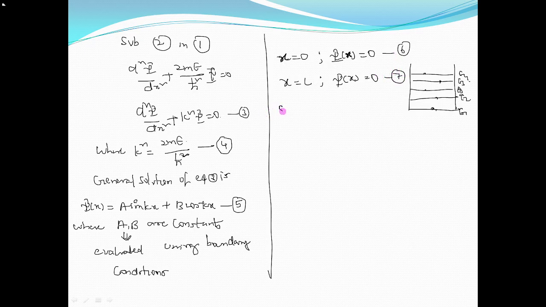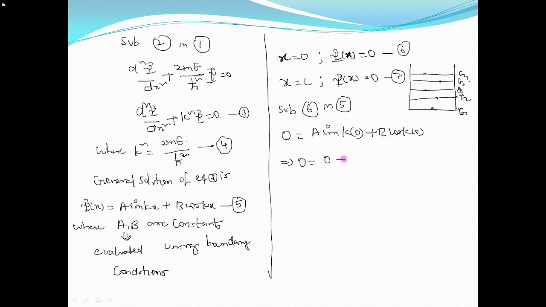Now if I substitute equation 6 in 5, I will get psi of x is 0, so 0 is equal to A sin k times 0 plus B cos k times 0.